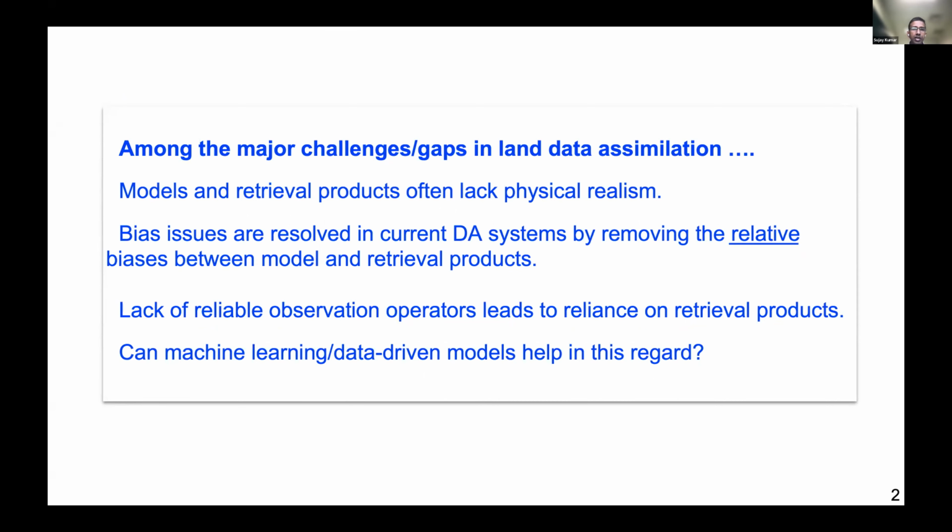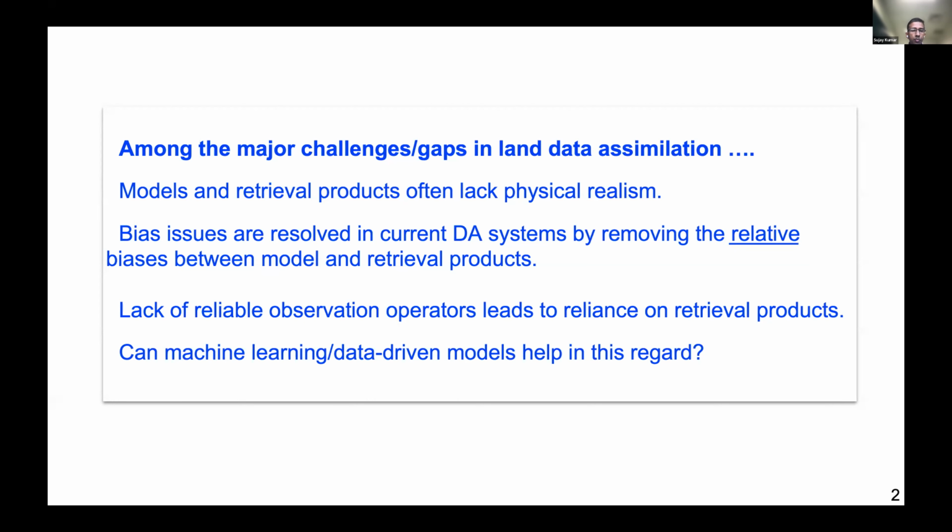Among the many challenges, one theme that has come out, which we all know, is that our models and retrieval products often lack physical realism, and systematic errors are dominant in land surface and hydrology models and observations. This is a big issue not just in the model, but also in data assimilation systems.